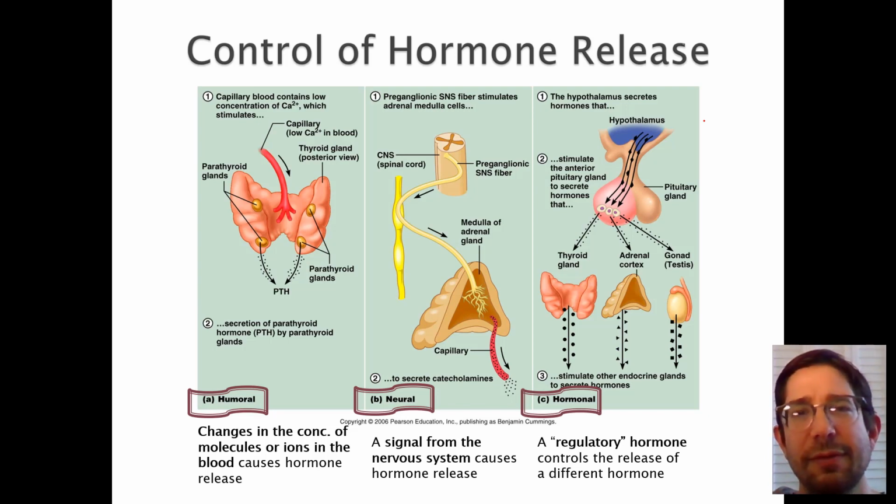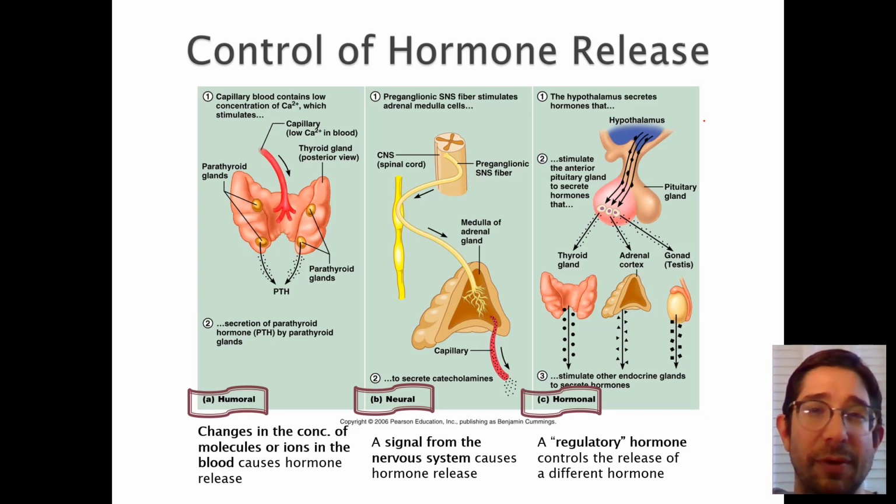So there's little cells monitoring your blood. If there's a sudden change in the concentration of something in your blood, like maybe calcium, then these monitoring stations will identify that problem in your fluid and cause a hormonal release to fix the problem. So humor is fluid. The fluid's being monitored, and if something's off, a hormone gets released to fix it.